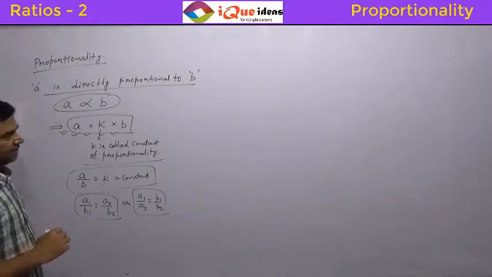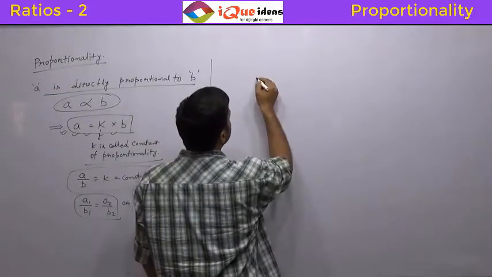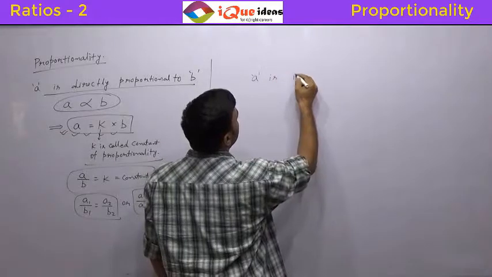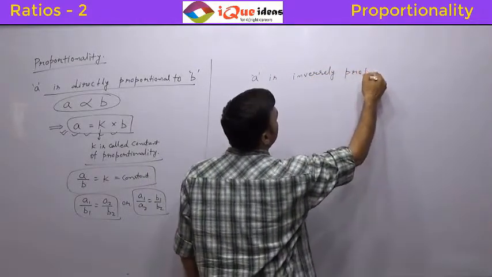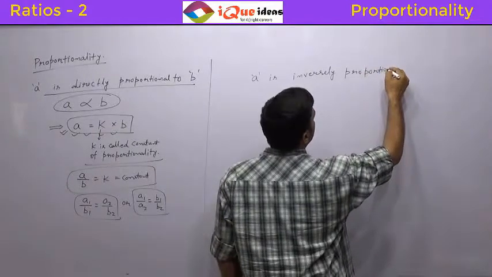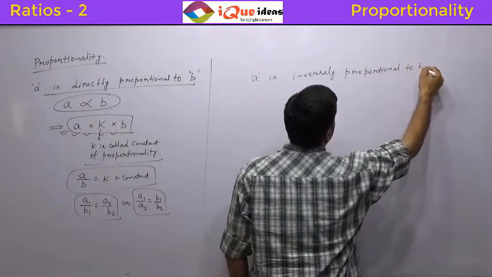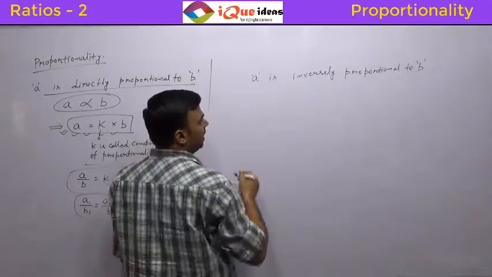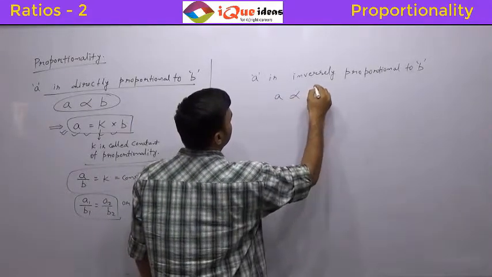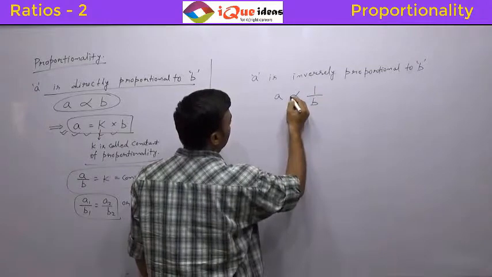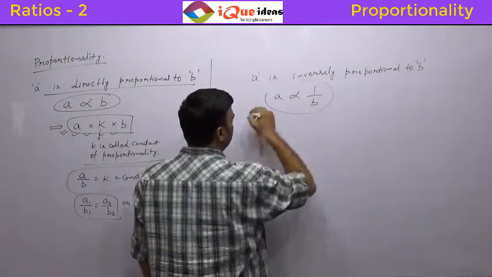Similarly, suppose we have that A is inversely proportional to B. Now what does this mean? It is written like this. We may not be required to write this.